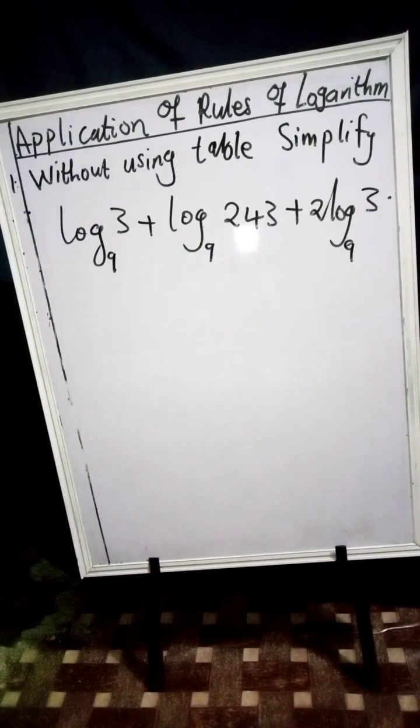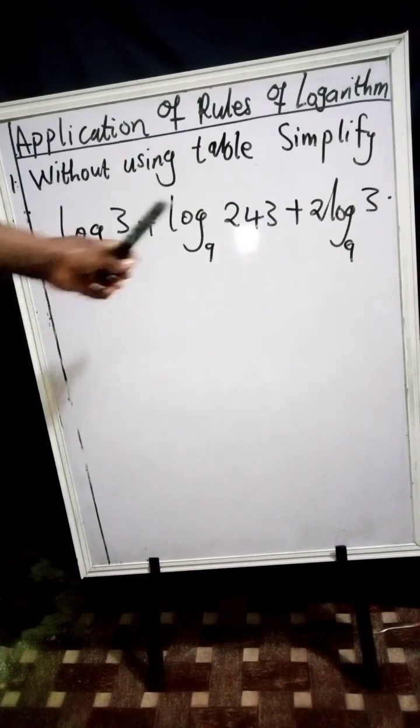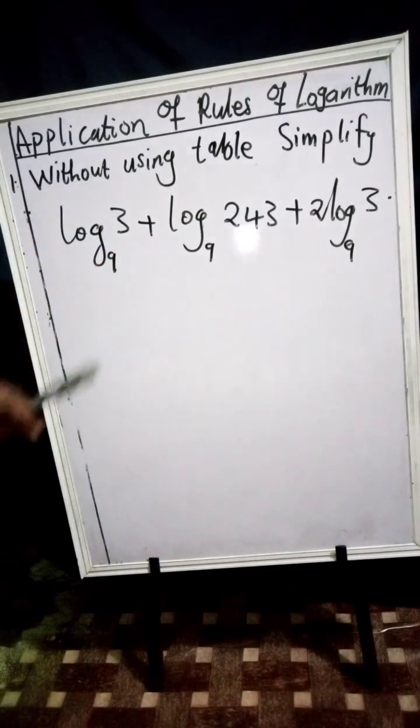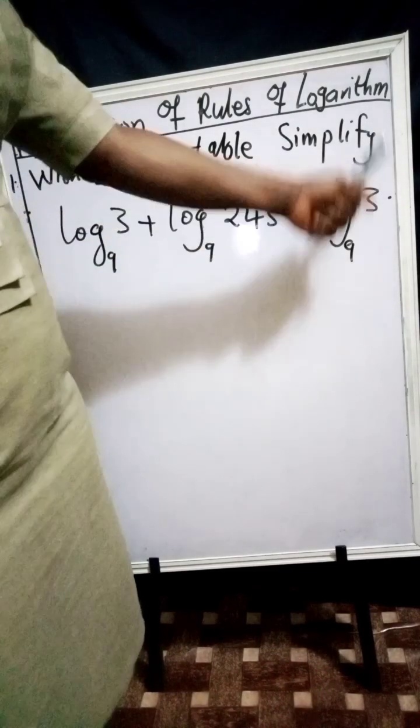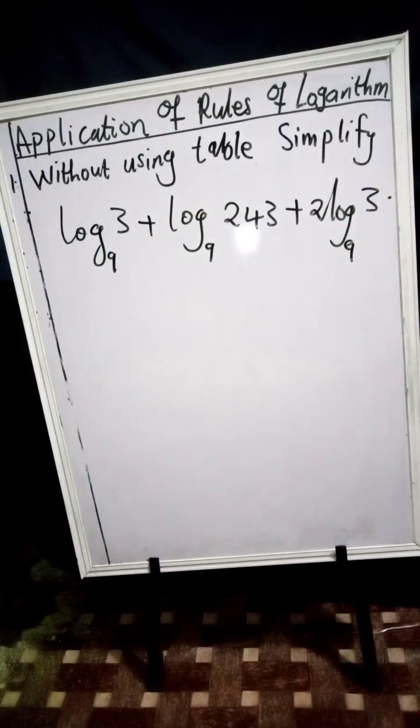The first question says, without using table, simplify log of 3 base 9 plus log of 243 base 9 plus 2 log 3 base 9. Remember the first rule of the logarithm that we discussed last time: log of m base a was equal to b to power x, and log of n base a was equal to b to power y.